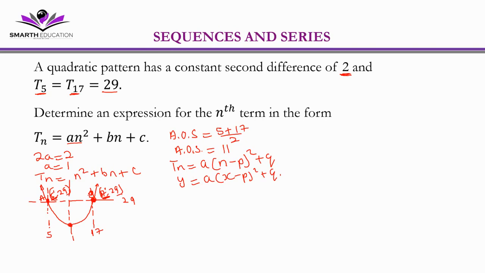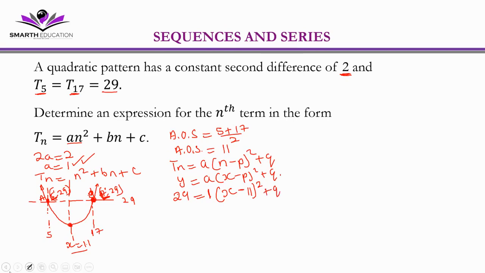Let's just substitute 1 point, 17, 29. So 29 is equal to, our a is 1, and then x is equal to 11, so it should be minus 11. Remember, if it's 11 on the graph, it must be negative in the equation. So it's minus 11, then squared, and then plus q.